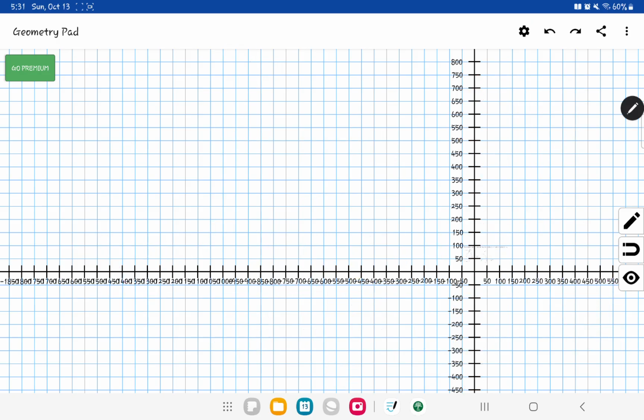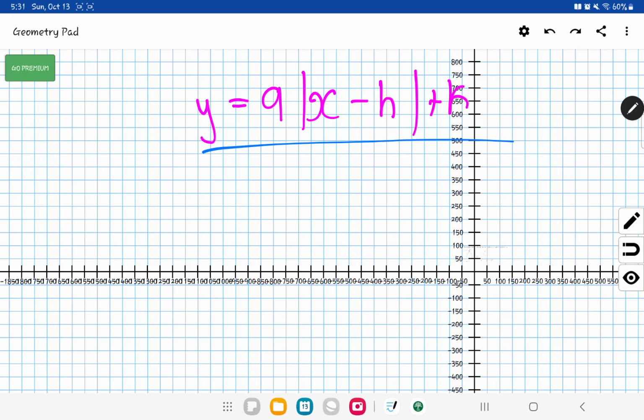Now this is for the horizontal reflection. Now I'm going to be talking about a general equation, which is y = a|x - h| + k. This is the general rule for the changes in the absolute value.